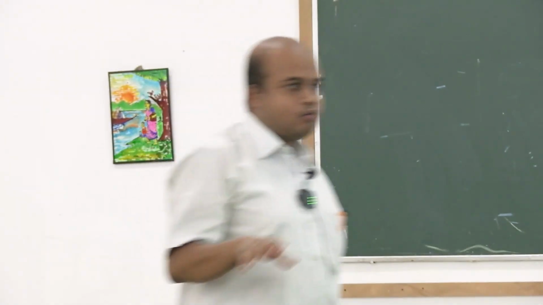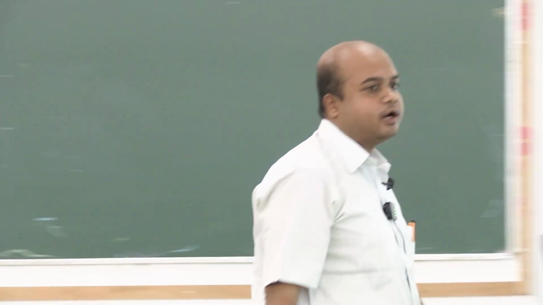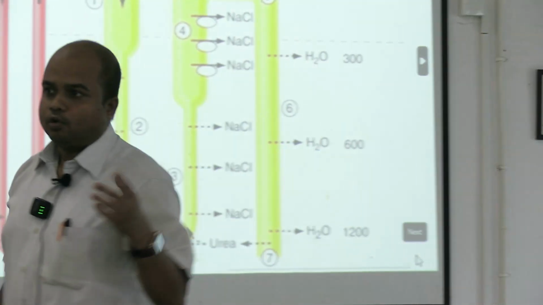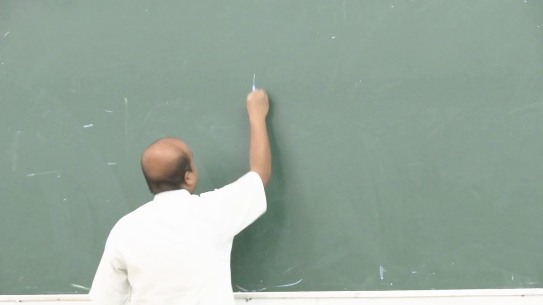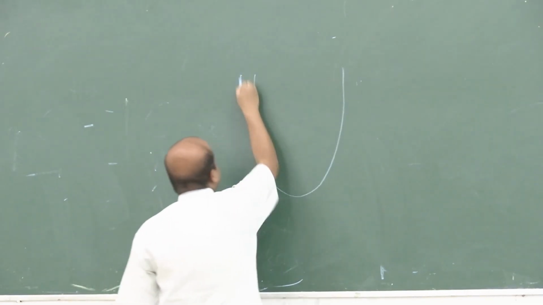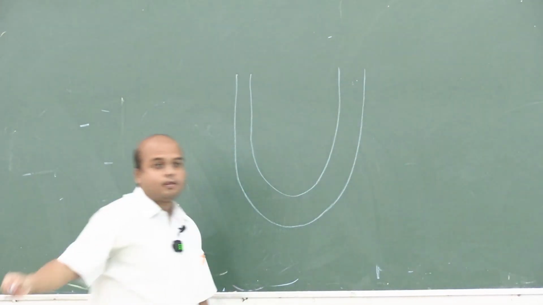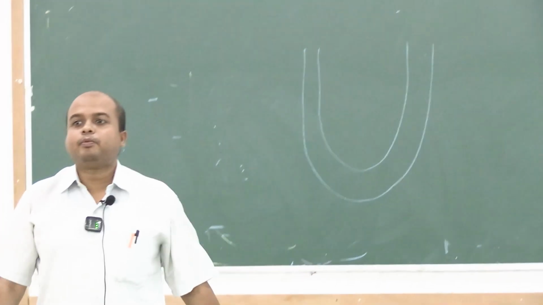So for the purpose of understanding concentration and dilution, or what we have known as the countercurrent mechanism, first we assume that there is nothing, only the anatomical structure, this loop.